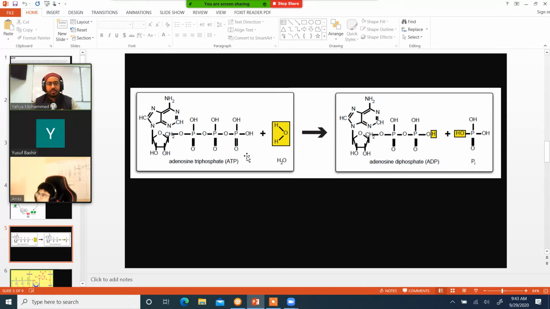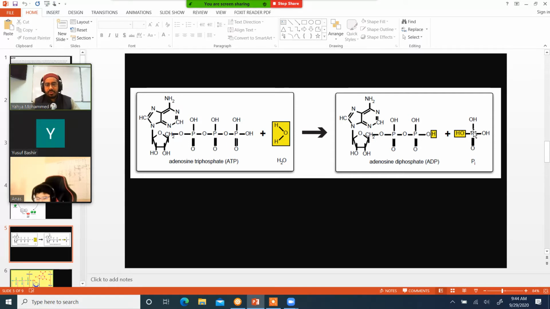All right. So what's happening in this picture? In the yellow, what is this thing? One water molecule. It's showing how ATP breaks apart. This water breaks apart and attaches to the two parts of the resulting molecules.